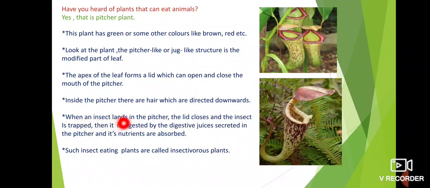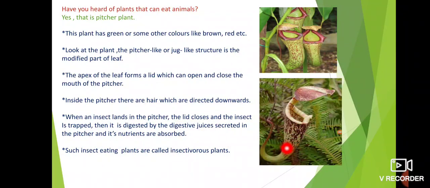When an insect lands in the pitcher, the lid closes and the insect is trapped. Then it is digested by the digestive juices secreted in the pitcher and its nutrients are absorbed.